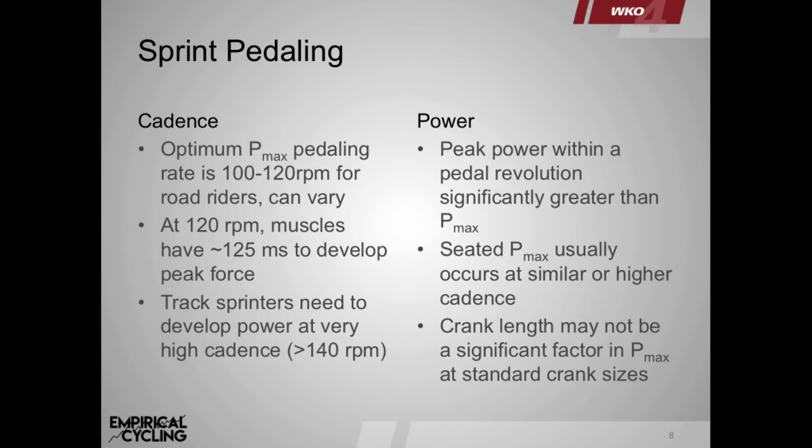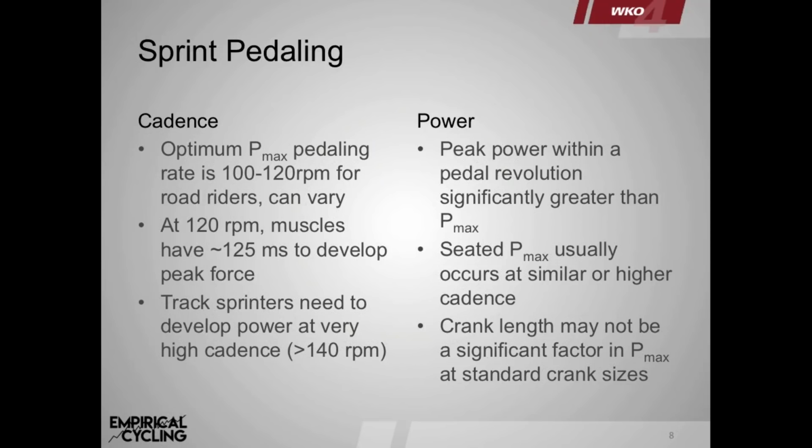So when we talk about sprinting and training for sprinting, we really need to think about the mechanics of sprint pedaling. Because how we apply force and power to the pedals is extremely important. It's as much about that as it is about how many watts you can do.